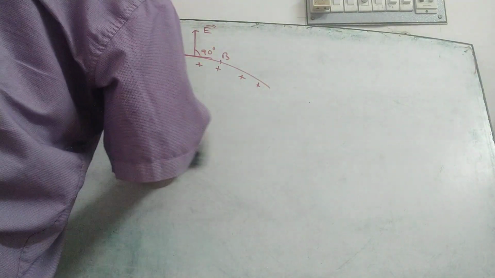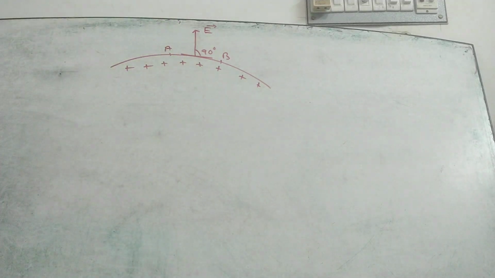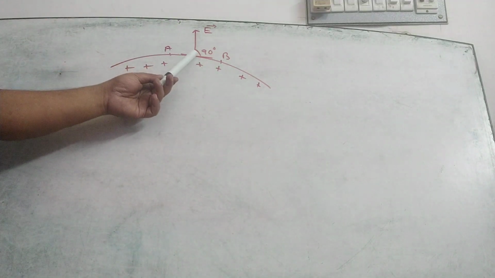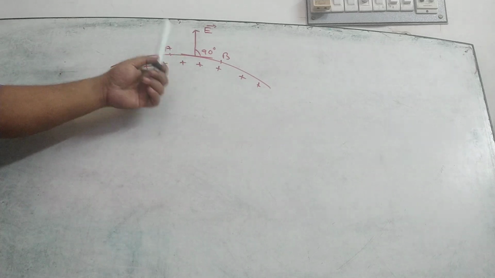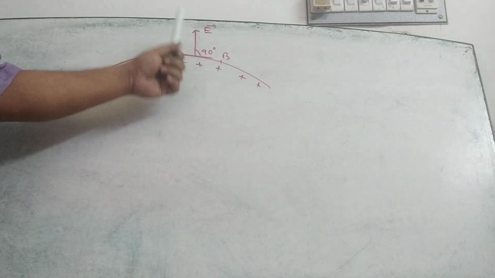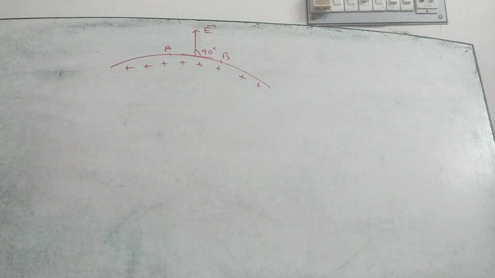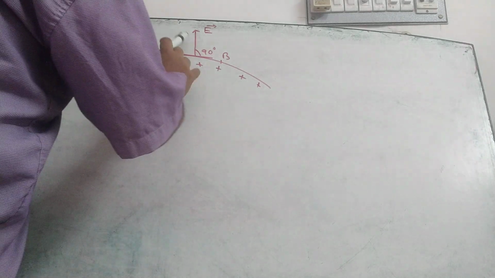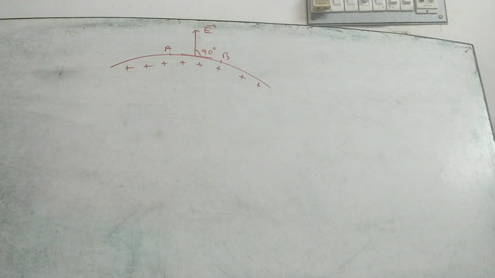That is, the direction of the electric field at every point on the equipotential surface is normal to the surface. We can prove this statement.